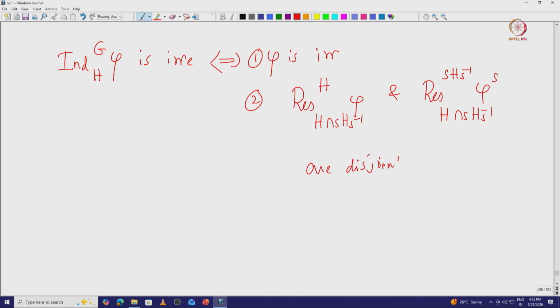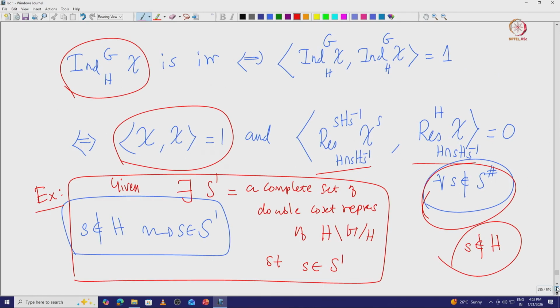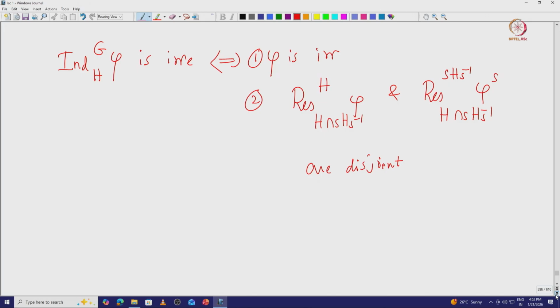So, that is the meaning of saying that this inner product is 0, and that is indeed what we demand to happen for all S not in capital H.